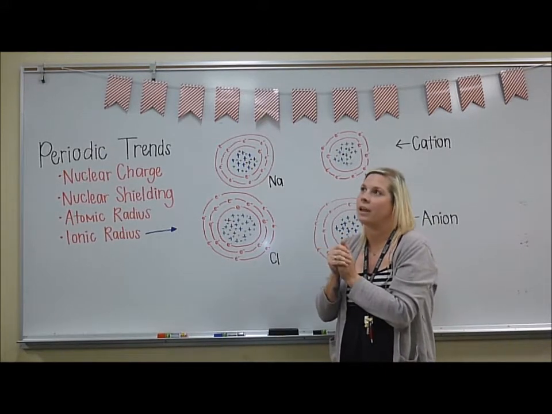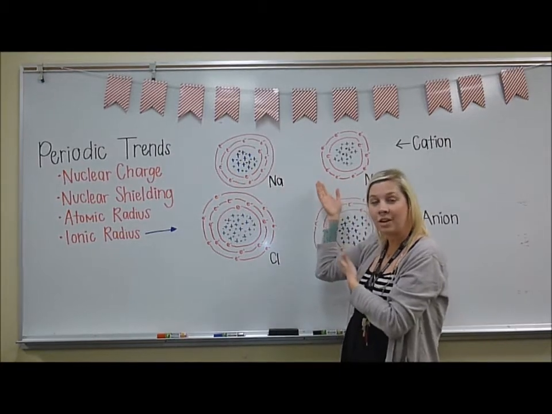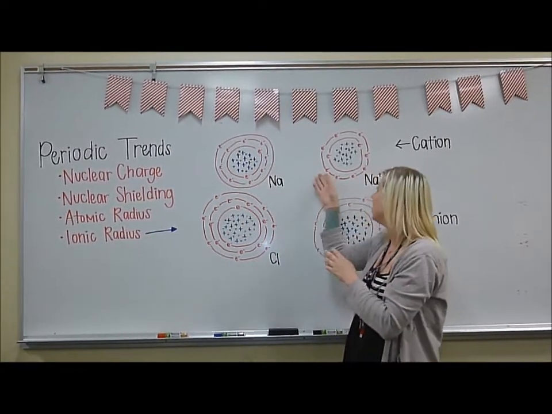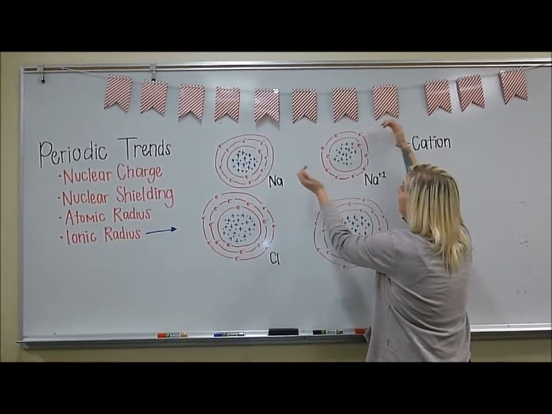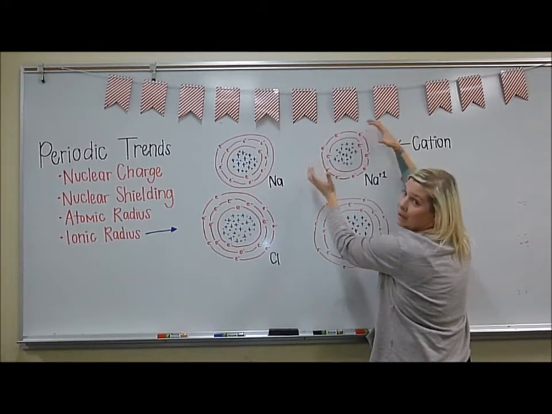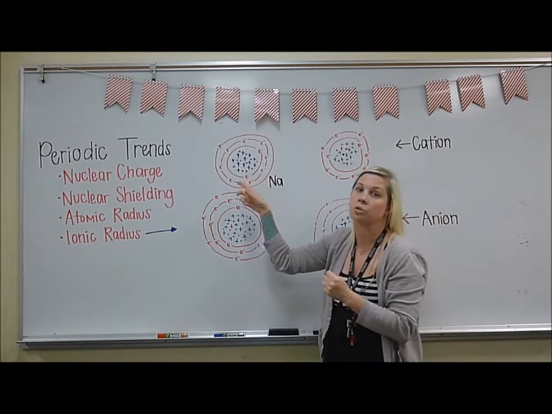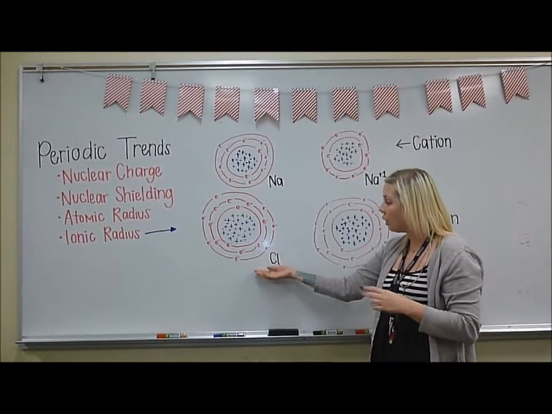You think about it like if you're walking dogs, if you're walking 11 dogs versus 10 dogs, which one's going to be easier for you to handle? Okay, so that would be the cation. So this atom here, because it has a greater pull inward, would be a smaller radius than just the neutral atom.